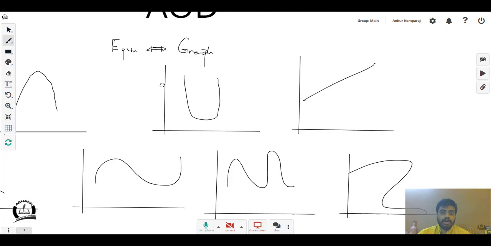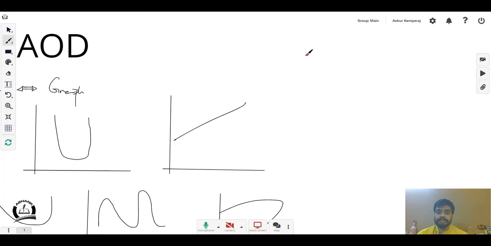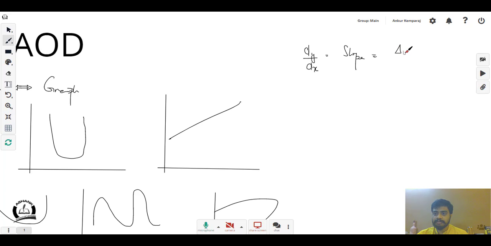So we also know a first order derivative. Differentiation is nothing but slope. You know that pretty well, that differentiation of first order is nothing but slope of the graph. Because observe carefully what this means. Your dy by dx is nothing but delta y by delta x, and that is nothing but change in y coordinates by change in x coordinates.